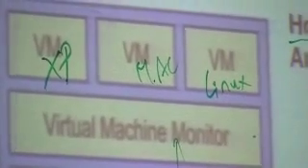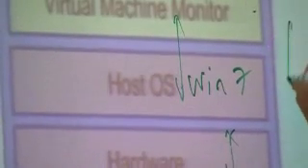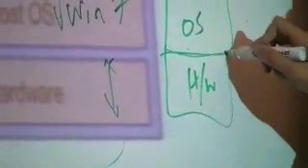Now, in the traditional sense, if you run only one operating system and run all the applications on it, on the underlying hardware, if something happens to the operating system through that application, what will happen? You have to wipe out the whole operating system, the whole hard disk, and reinstall everything from scratch.